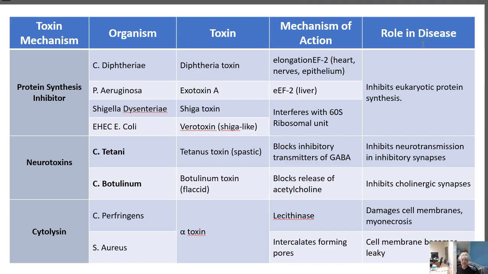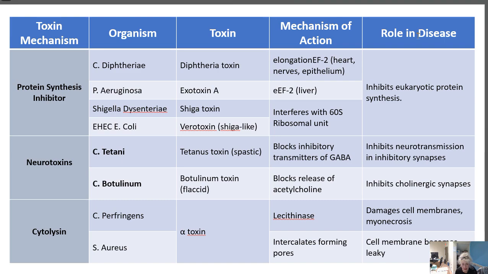So this is kind of interesting. This gives you the toxin mechanism, tells you the organism that does it, tells you the toxin, the mechanism of action, and the role in disease. Now this is important because this is how we determine what antibiotics are going to be used for a particular infection.